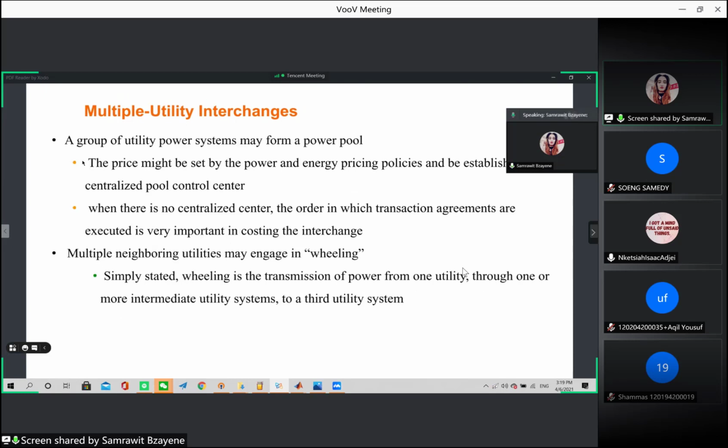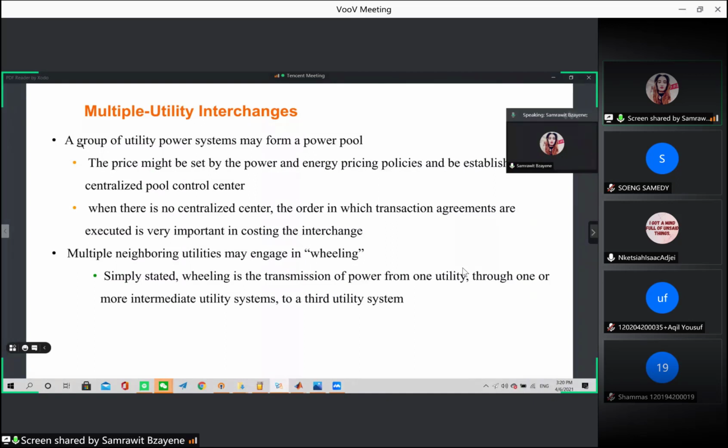For a group of utility power systems, the price must be set by the power and induction price policy, and to establish the centralized control system. So that's when there is no centralized system.